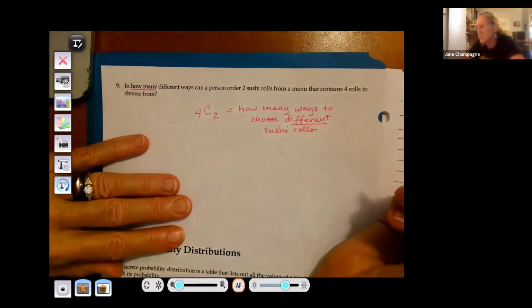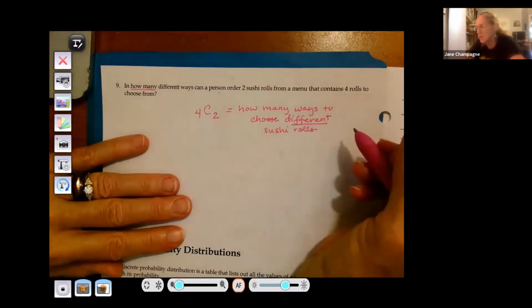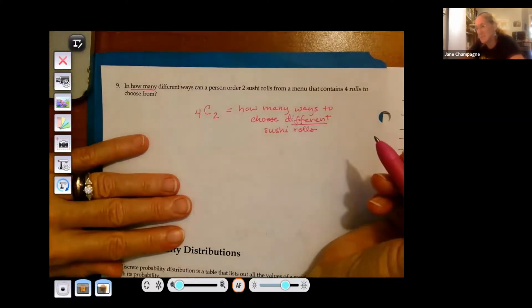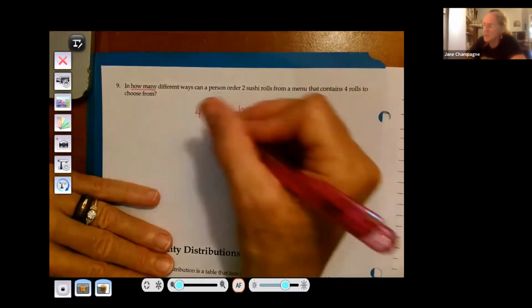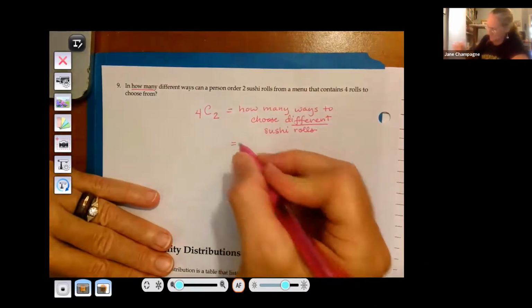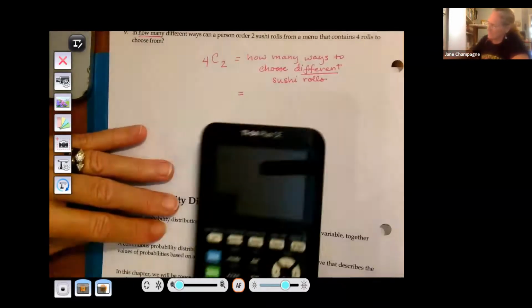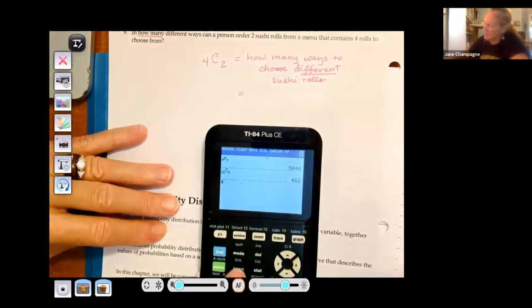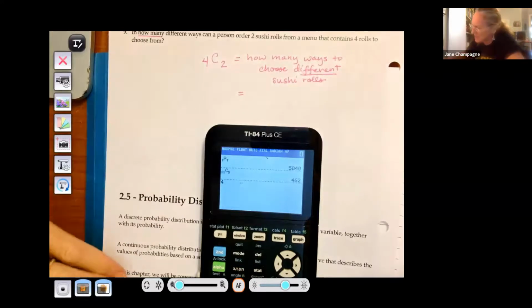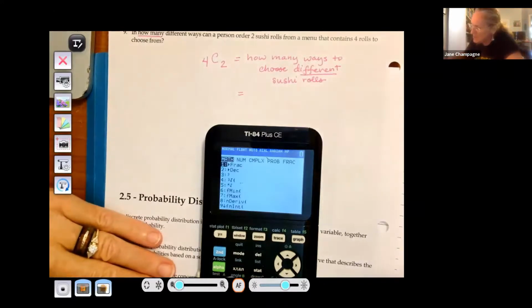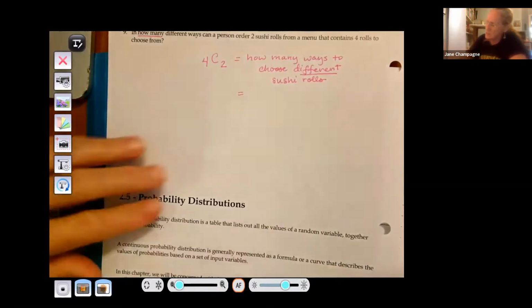So we could do this in stages. How many ways to choose different sushi rolls? 4 choose 2. Sometimes they're a little tricky, you got to think about them. 4 choose 2 is 6 ways.